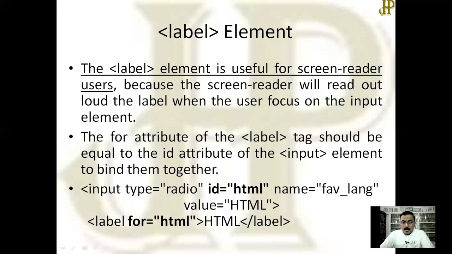The for attribute of the label tag should be equal to the ID attribute of the input element to bind them together. What does it mean?